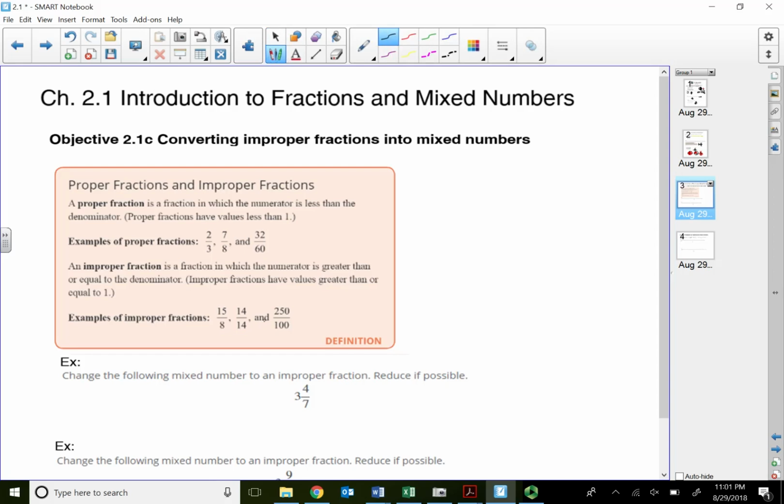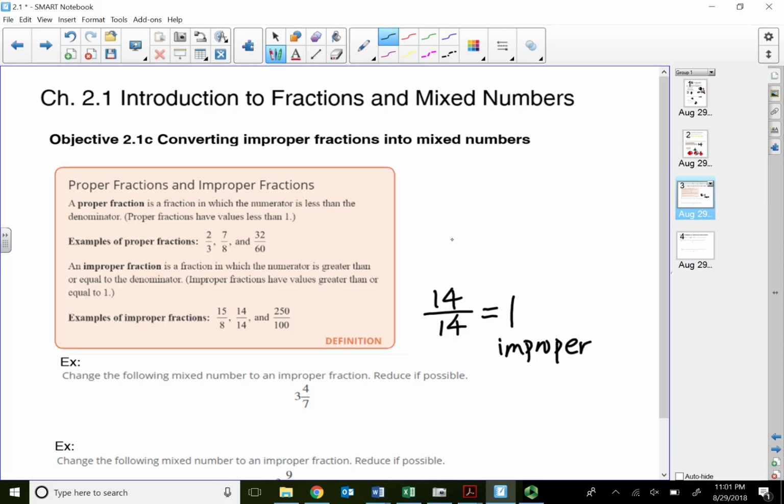So for example, this 14 over 14: the numerator is equal to the denominator, which is equivalent to 1. So the number 1 is considered an improper fraction. Another example that's a little bit different is whole numbers.